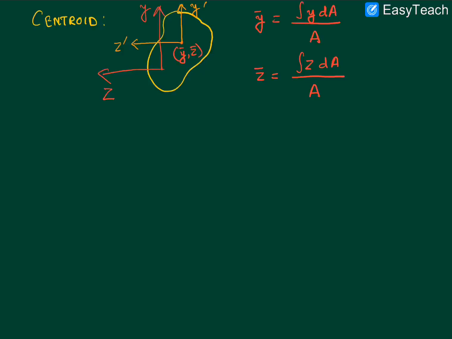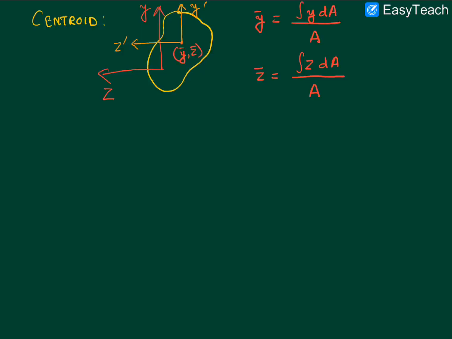Note that the origin of this y dash, z dash coordinate system lies at y bar, z bar referred to the yz system. Now in this y dash, z dash system, what do you think would be the formula for the centroid coordinates?